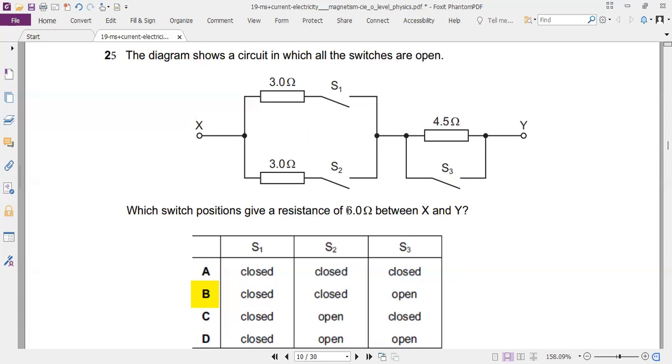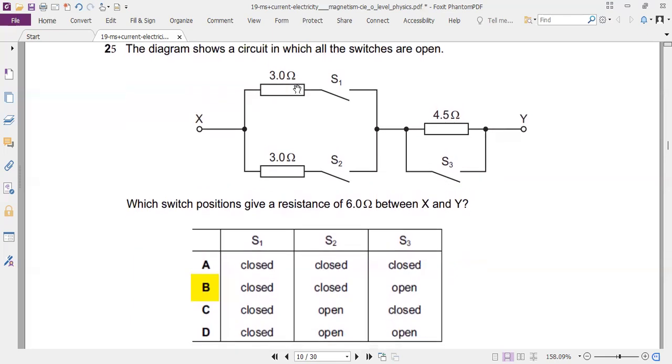S3 will mean no current will flow through the resistor. S3 is shorted, so S3 will make the current flow through S3. So the resistance will be only what is coming from here. So 3 and 3 connected in parallel will be 1.5. So 1.5, third choice, if we have S3 closed.